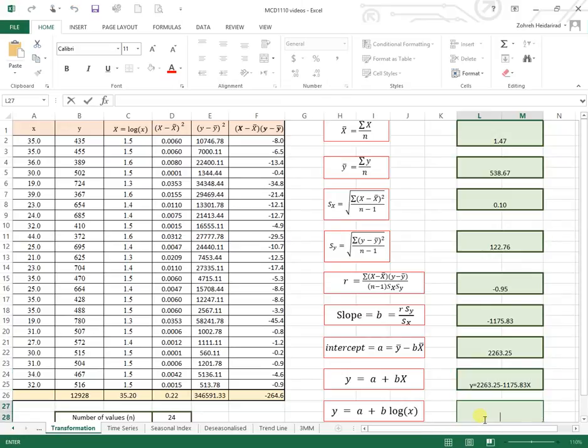Capital X is nothing but log x. So the equation here is y equals 2263.25 minus 1175.83 log little x. Now this formula helps us to predict y values by having x values.